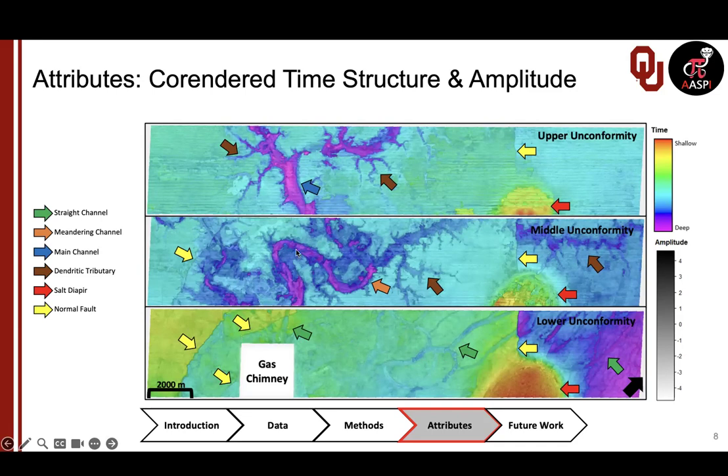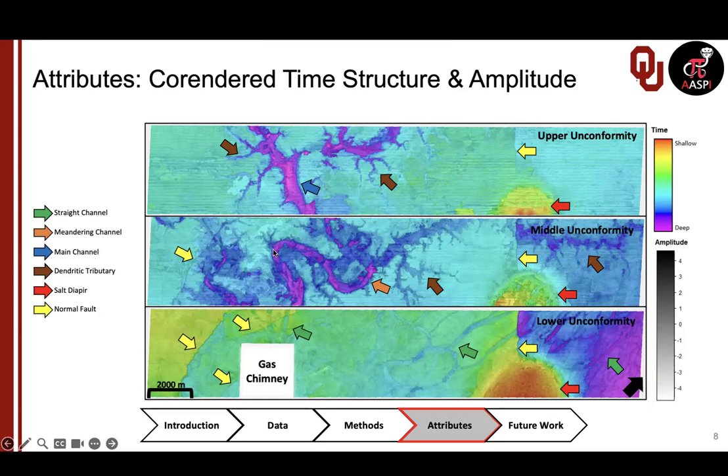And then as you go up to our middle unconformity, this system is kind of a meandering to hybrid dendritic fluvial system. So you can see we have this main meandering channel through here if you follow my mouse. And then we also see a lot of this dendritic drainage going on in here, and of course I still have some faults.